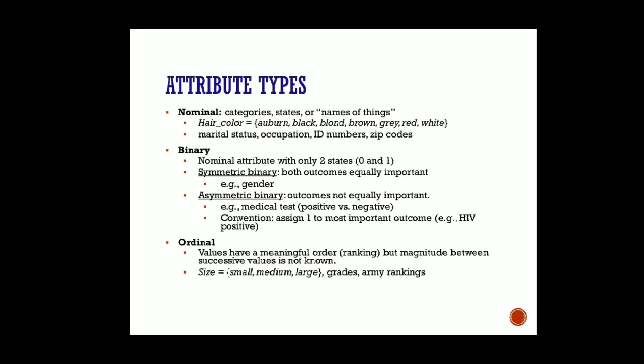Then ordinal. Here the values have a meaningful order or ranking. Say we want to find a perfect garment for us. We know there are various sizes of garments available. It can be XS, S, medium, large, XL, double XL, right?